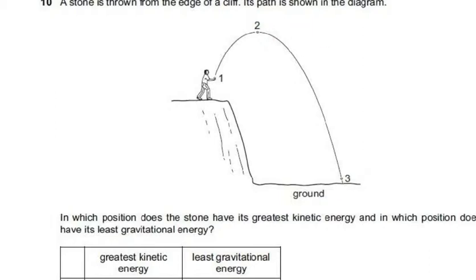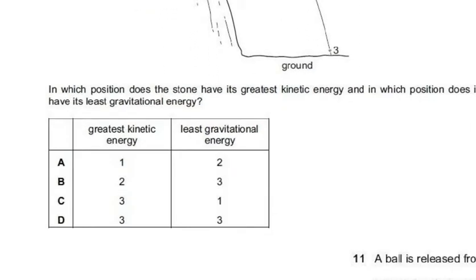All right, now as you remember, the greatest kinetic energy is just before the object hits the ground. In this case, it's a stone. So just before the stone hits the ground, that's the greatest kinetic energy. So the problem asks us for the greatest kinetic energy. That's going to be right there, just before it hits the ground.